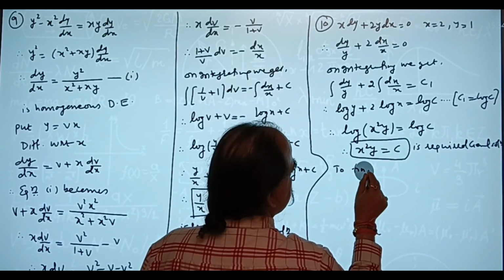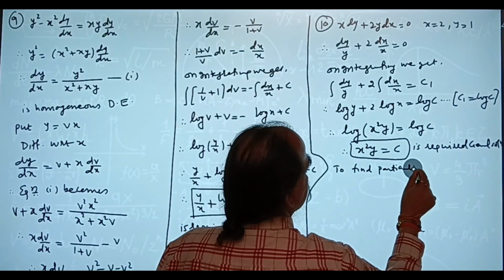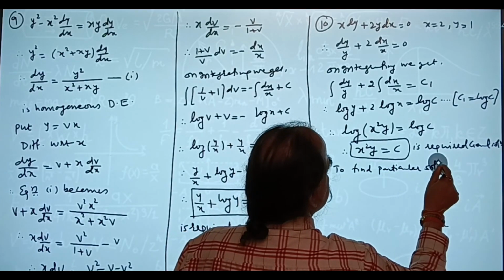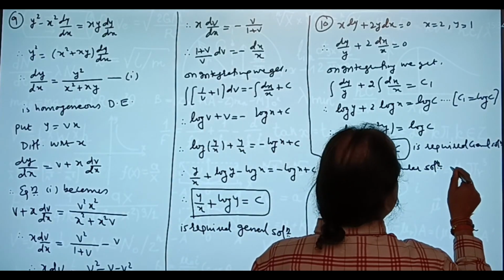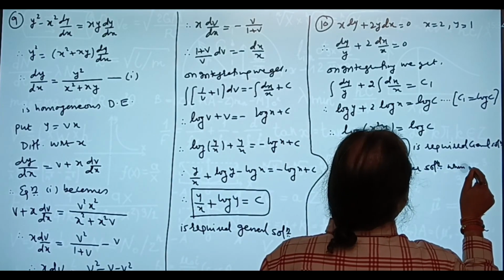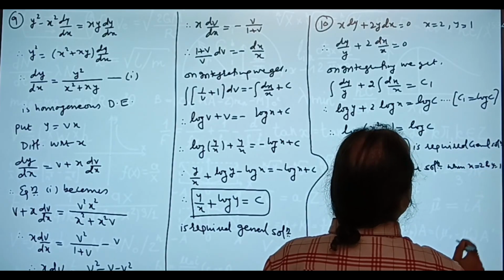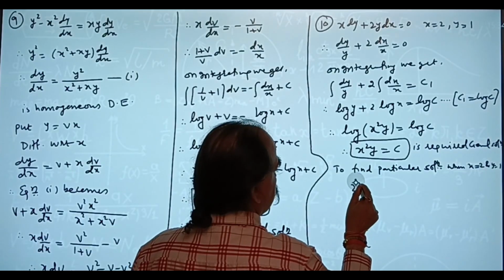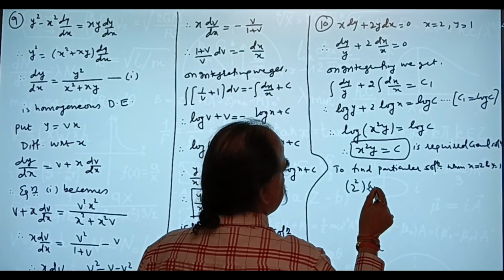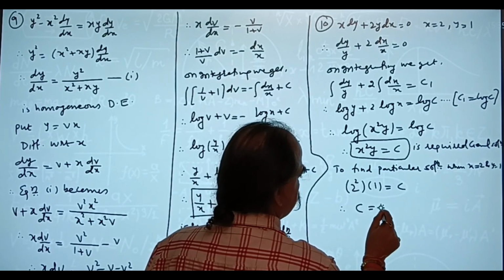To find particular solution when x is 2, y is 1. 2 square into 1, c is 4.